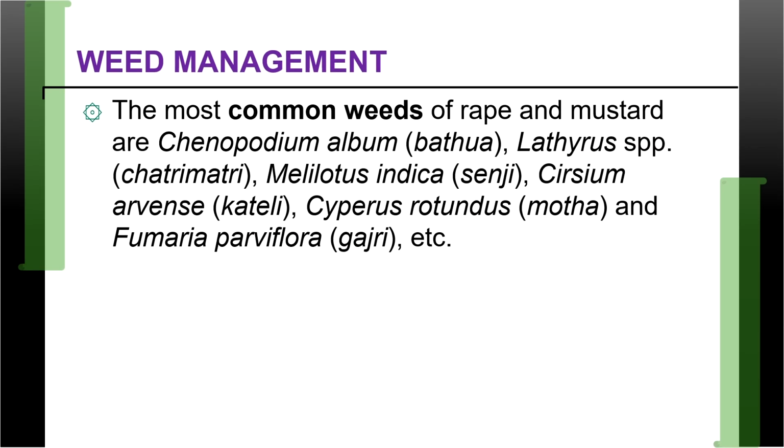Now, after nutrient management and water management, we come to weed management. Weeds are really very, very important because they reduce the quantity and quality of the produce. Weeds are unwanted or undesirable plants which grow out of place, at a place where they are not desirable. Therefore, the name weed.